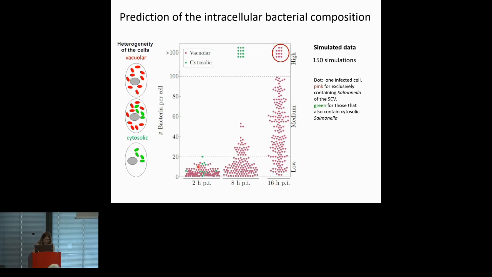We see here after 2 hours, we have both the vacuolar and the cytosolic salmonella. After 8 hours, we have mostly the vacuolar salmonella. But if we have more than 100 salmonella per cell, we get also cytosolic salmonella.